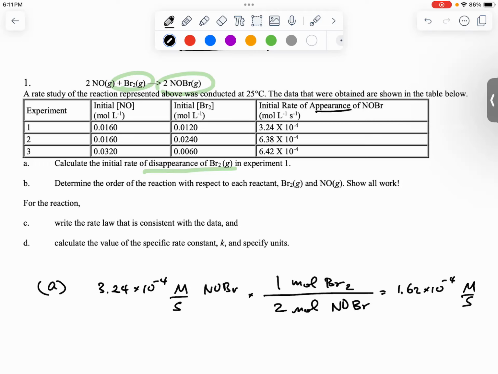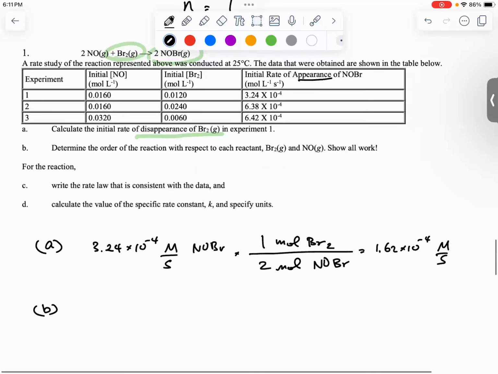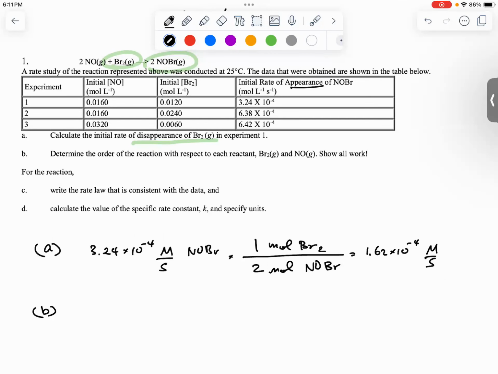All right, now for part B. That's the meat right here. It says determine the order of the reaction with respect to each reactant, Br2 and NO. I would say it is very easy to determine the order for Br2, because what would you consider to find out the order for Br2?